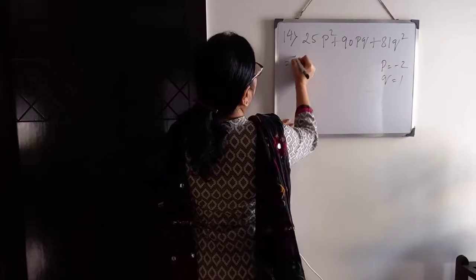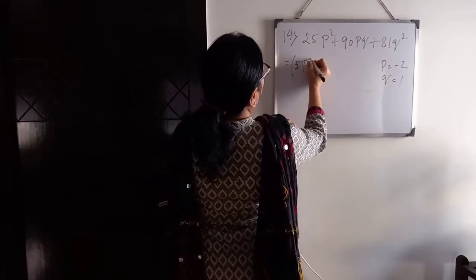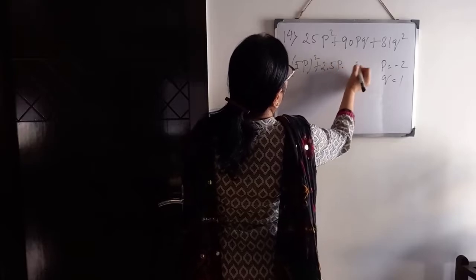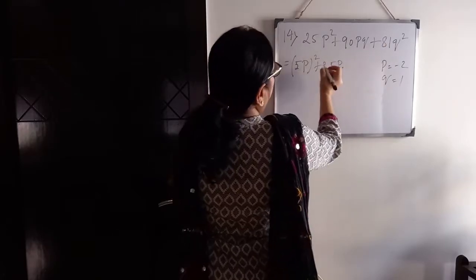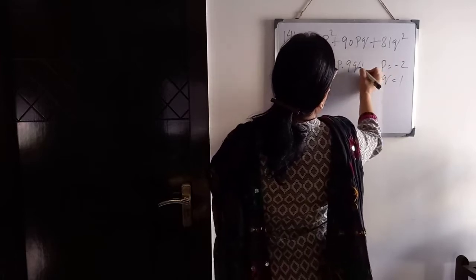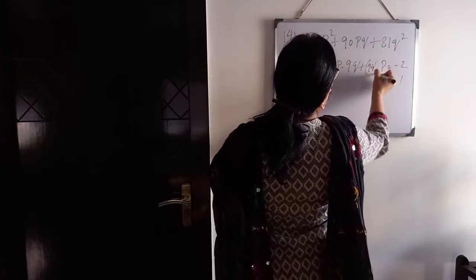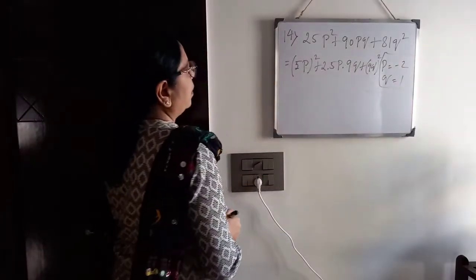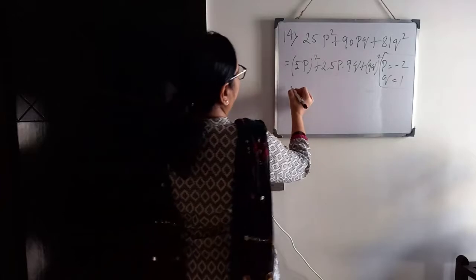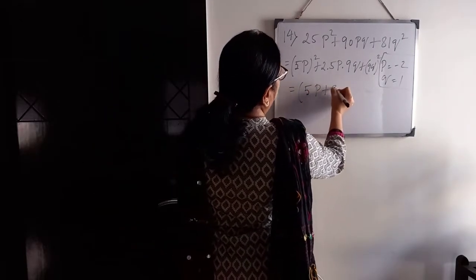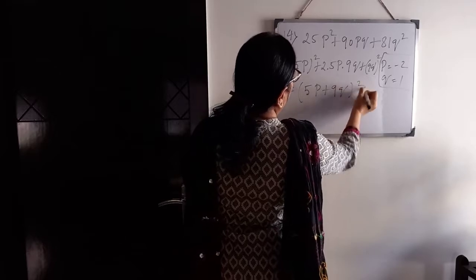So what can we write? 5p whole square plus 2 into 5p into, 5 twos are 10, there is 9p, so we need 9q, and the last term 9q whole square. Now this is equal to, we can write, 5p plus 9q whole square.